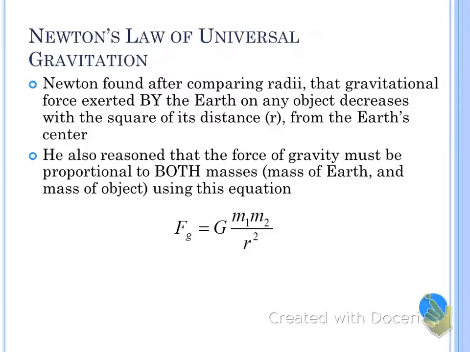He compared the radius and the masses of these objects and the effects they had on the gravitational force, and he came up with this equation. This equation needs to go on your equation sheet and in your notes, because we're going to use this a lot.